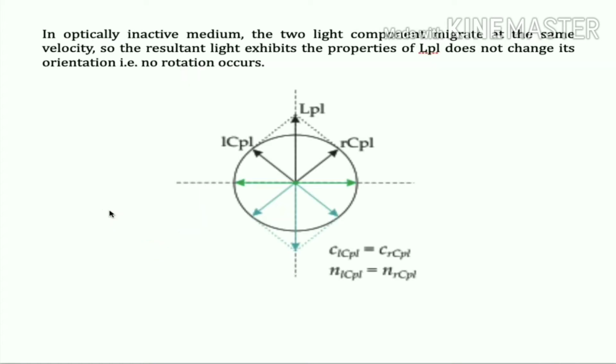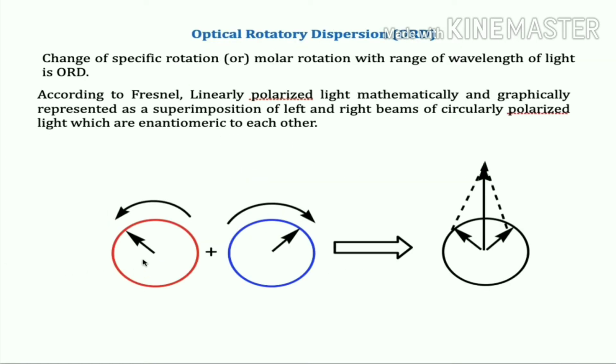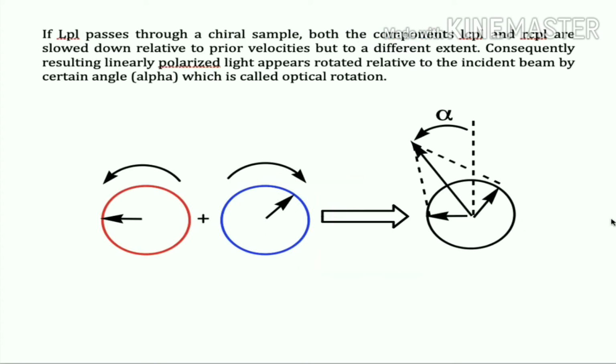So whatever we have seen in this, they are traveling at the same speed. If it is placed in a chiral sample, then their relative velocities will be different. Consequently, the resulting linearly polarized light appears rotated relative to the incident beam by a certain angle.